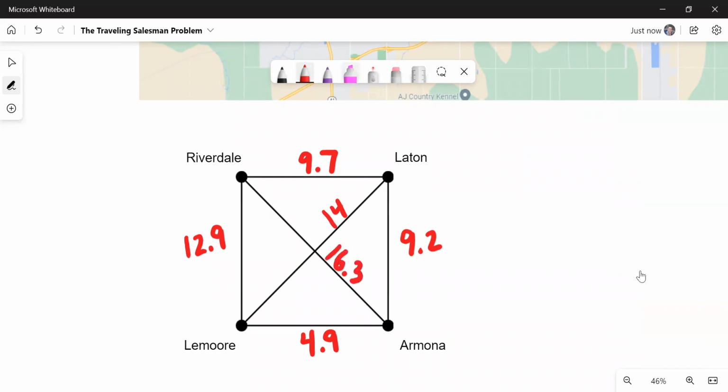So the game would be played like this. If you're a traveling salesman, then what you're going to do is start at your home base, Lemoore, and you're going to try to go to every one of the other communities, and then come back home in the cheapest or fastest way. In this case, we're going to say the shortest way because these are actually mileage charts.